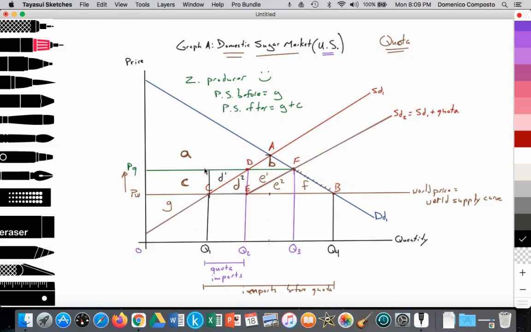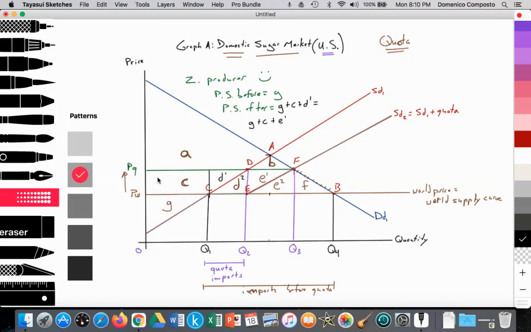So I can say that it's equal to G plus C, as I said before, but since I've changed the labeling, I will alter this and state that it is equal to G plus C plus D1, which should also be equal to G plus C plus E1.